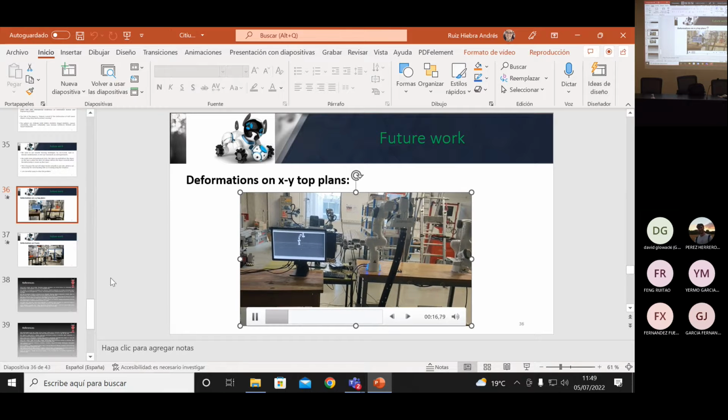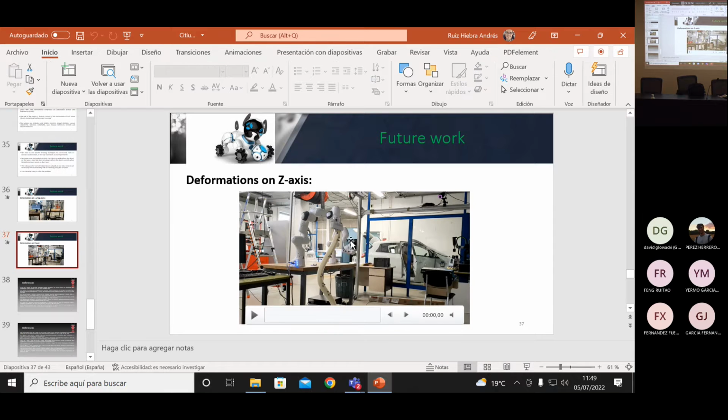But the problem is when I want to do this sort of deformation, which has really strong deformation on Z and with squeezing the robot.